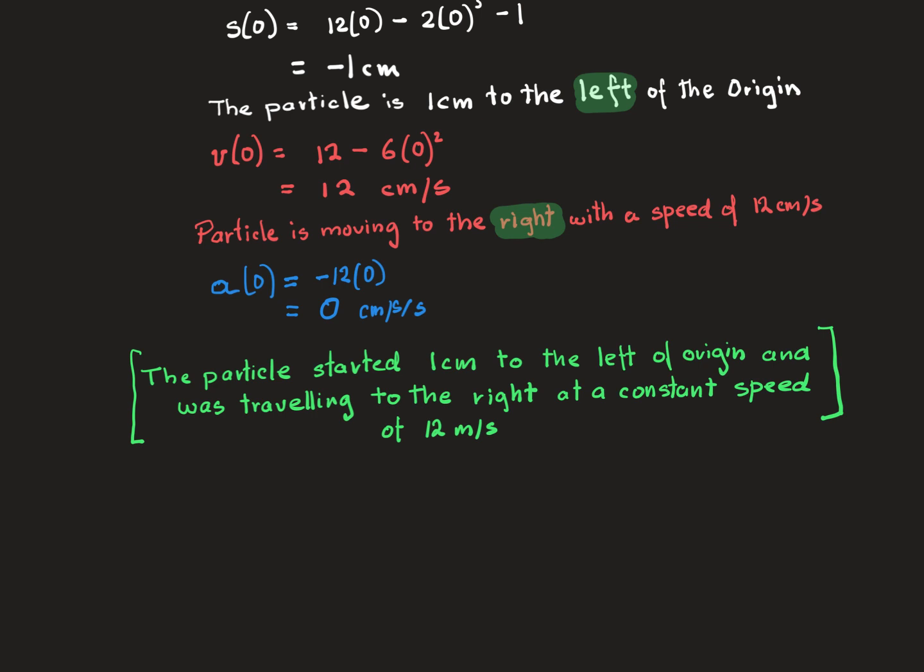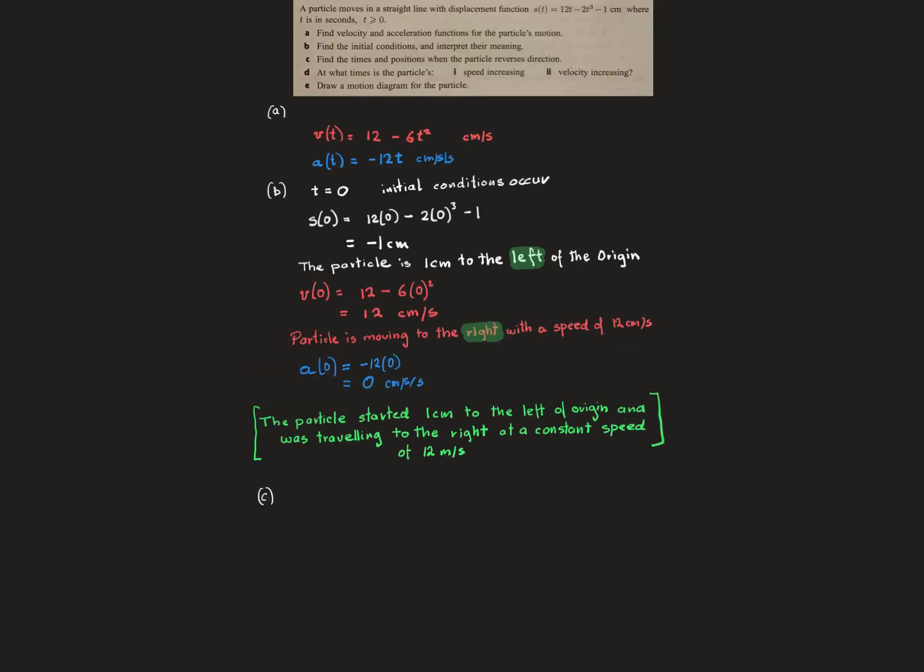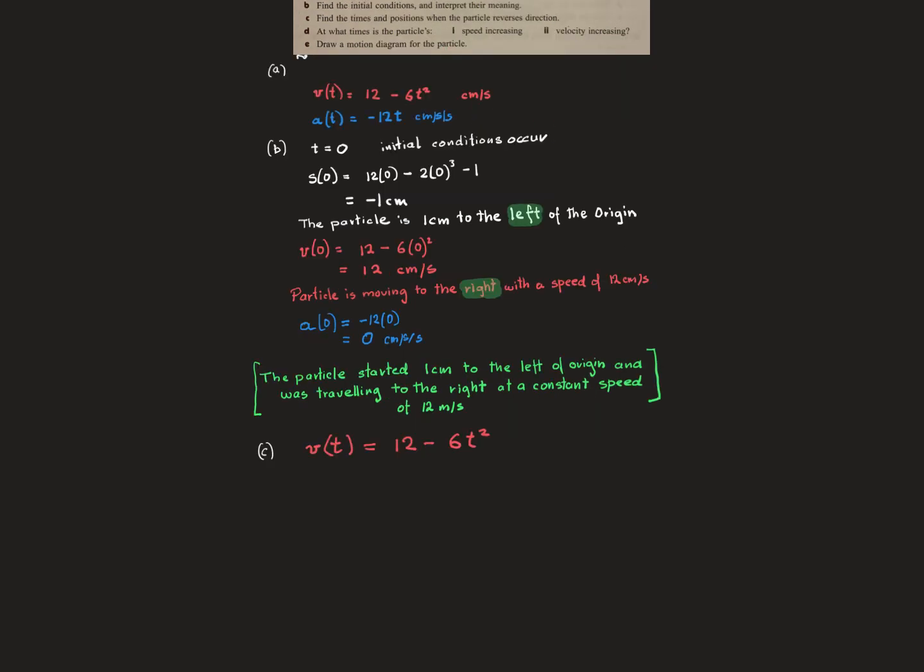What happens next is we need to find the change in velocity's direction. And these changes can be found by looking at the velocity function. So now I want to have a look at part C, find the times and positions when the particle reverses direction. Our velocity function shows us 12 minus 6t squared.